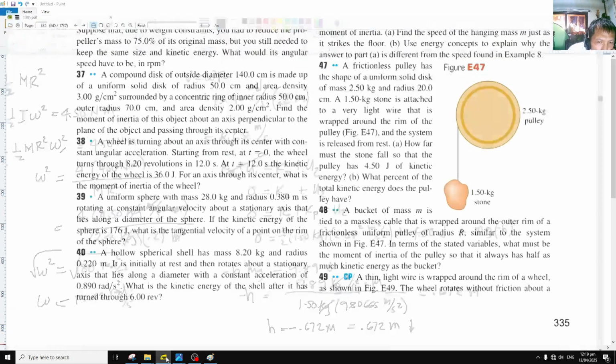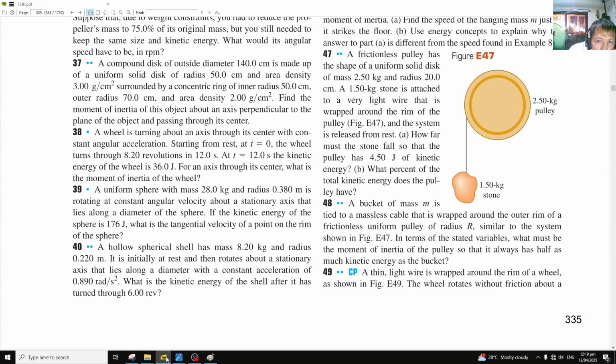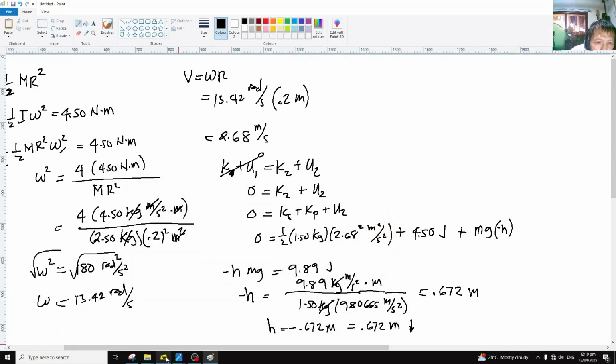Medyo mahirap-hirap na to. And then, what percentage of the total kinetic energy does the pulley have? So, kinetic energy ng pulley lang, kinetic energy ng pulley all over kinetic energy ng dalawa. So, basically, 4.50 divided by 4.50 plus ito.